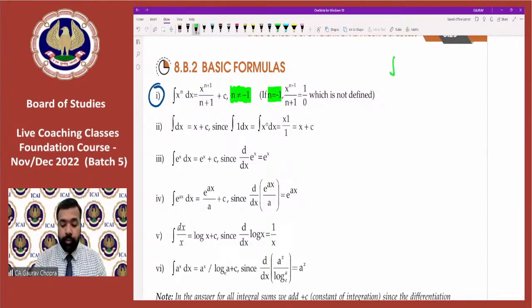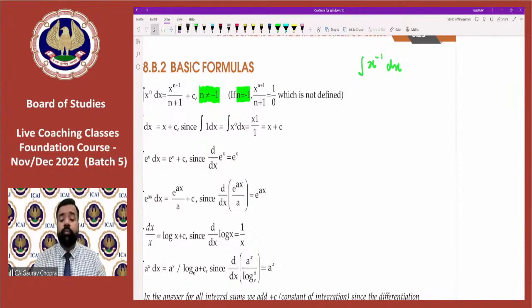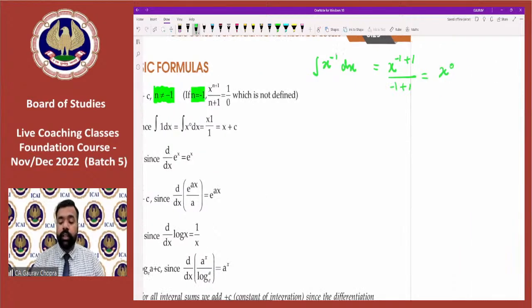So let's try. If it is given x to the power of -1. Now according to the formula, we have to increase the power by 1. So we will add 1 and divide it by the same power. Now as soon as we see the result, we are getting 0 in the denominator, and anything divided by 0 becomes indefinite.